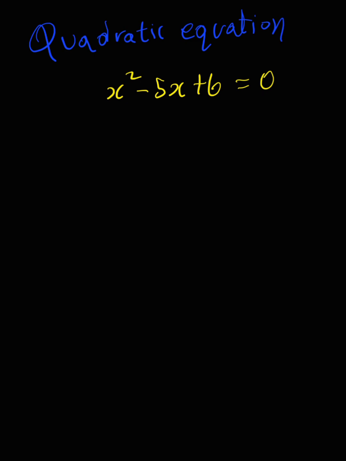So how do we do it? First, we look at the middle number. The middle number is minus 5. Now we have to think, what numbers when added together will give you minus 5 and multiplied together will give you plus 6?